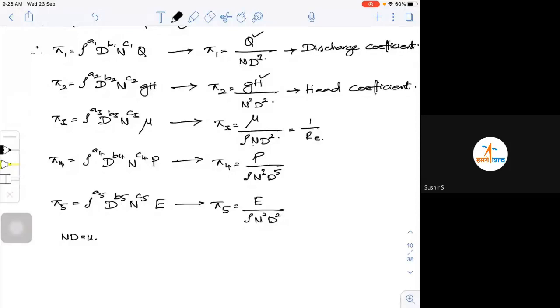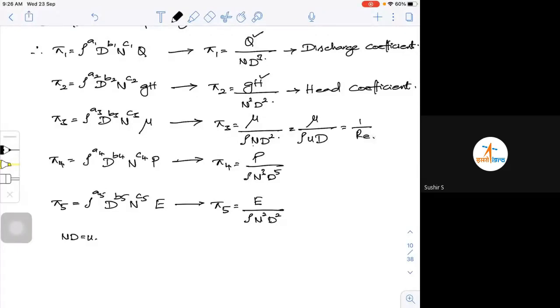Your pi 3 term will become 1 upon Reynolds number. I can write it as mu over rho into ND, that is U, then d. So I can write rho U d by mu. This is 1 upon Reynolds number.